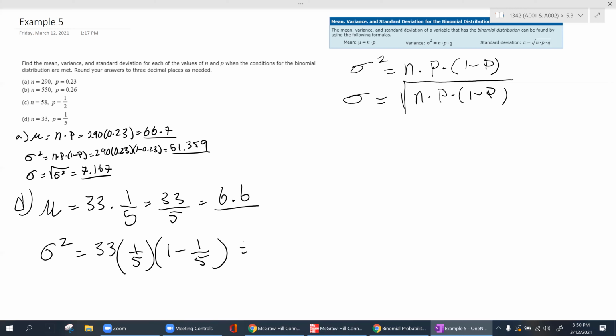If you want to use decimal places here, that's fine. You can find 1 over 5 first in your calculator, so this would be 0.20. Then that might be a safer bet in case the division gives us an issue when we're calculating these. So this is just 33 times 0.20.